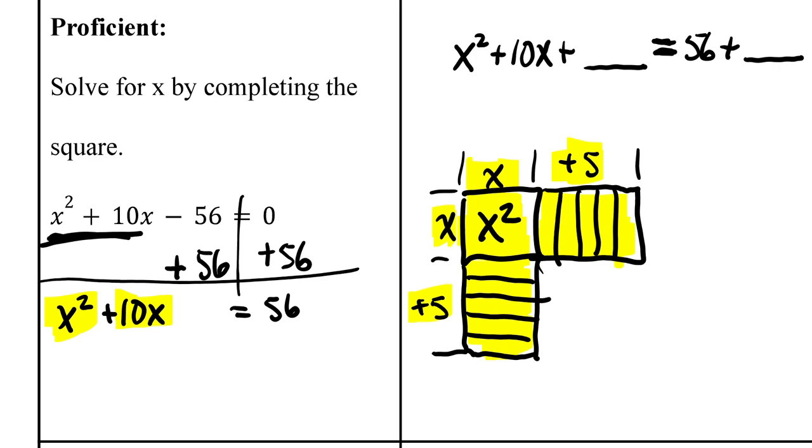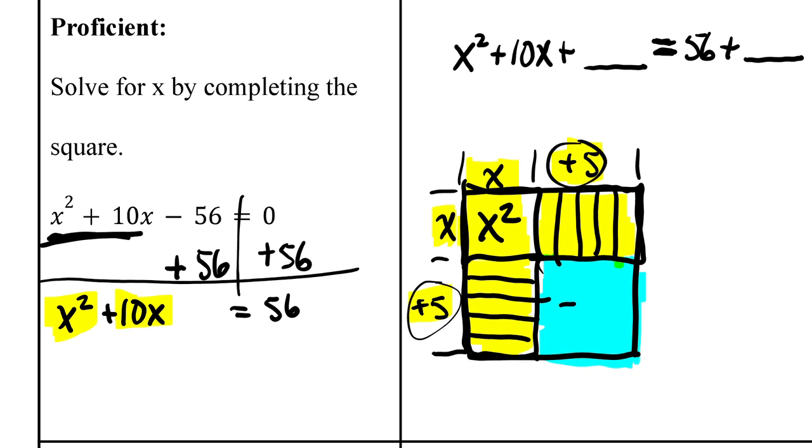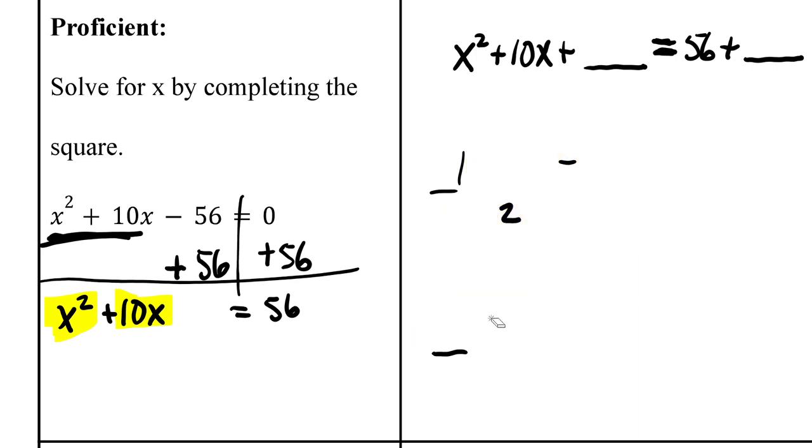So then what we're lacking is this part to complete the square, this square here overall. And it just comes from, if I take this 5 and this 5 and square it, that would be plus 25. Now, you can also just say, we're going to take 10, divide by 2.